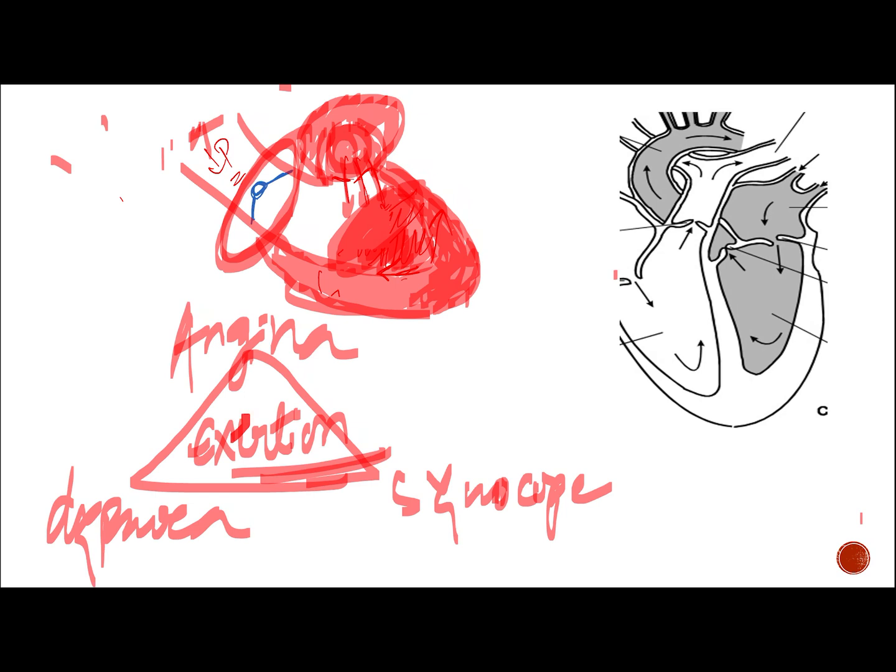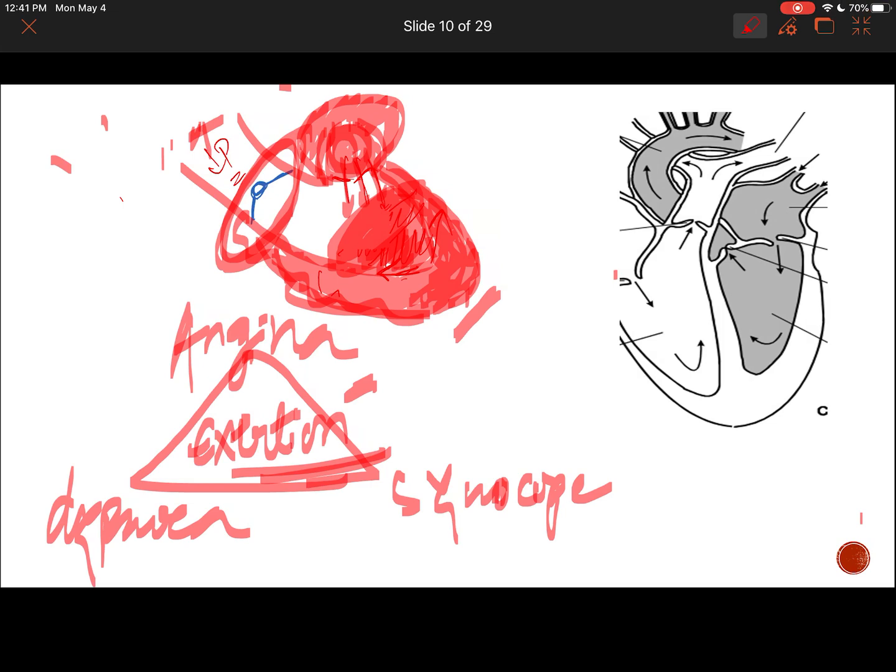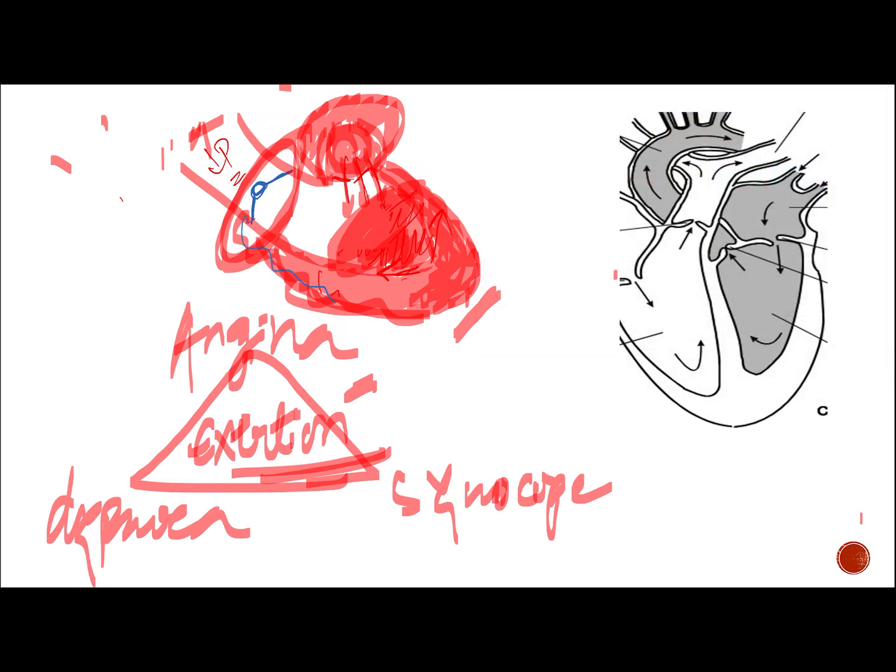The heart cannot maintain the high cardiac output because it has already undergone hypertrophy, so it cannot maintain the high cardiac output needed during exercise, and that will cause angina because there will be decreased perfusion of the coronary arteries. So there is decreased perfusion of the heart through the coronary arteries because the stroke volume is decreased, because the cardiac output is decreased.